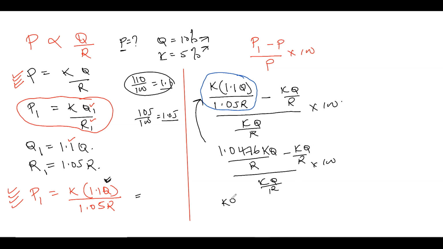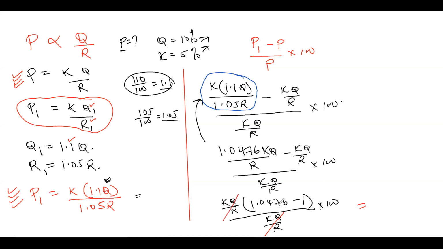So you'll write KQ over R into brackets 1.0476 alafu minus 1. I have factorized. Then over the numerator, which is KQ over R, alafu times 100. So when you proceed doing that, it's obvious that this KQ over R and this KQ over R zita cancel.